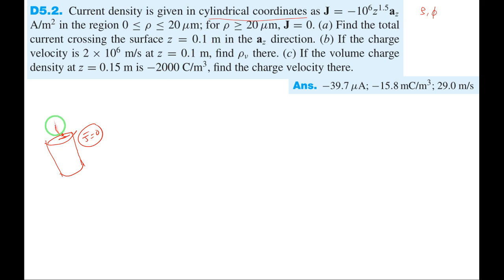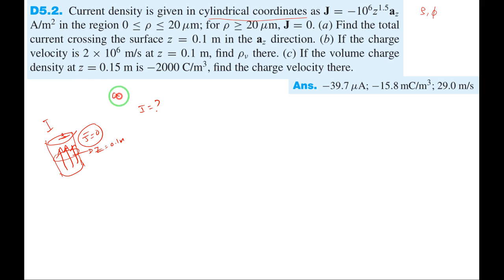If I take the Z direction in this way and consider Z equal to 0.1 meter, the current I is flowing in this Z direction, crossing this surface placed at Z equal to 0.1. So we have to find the total current I.